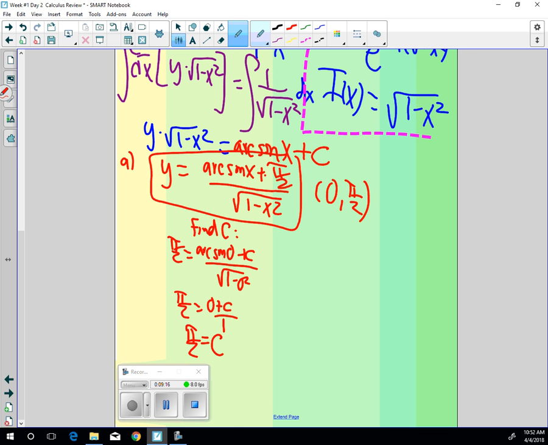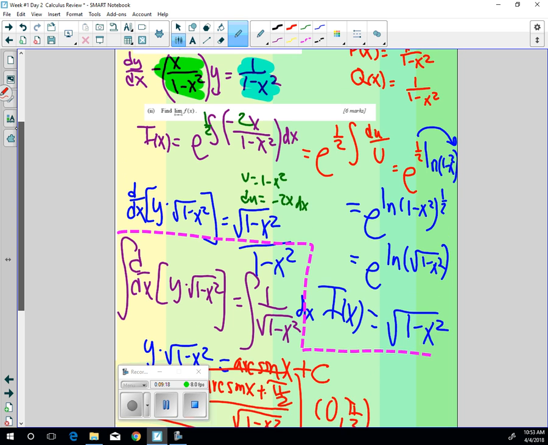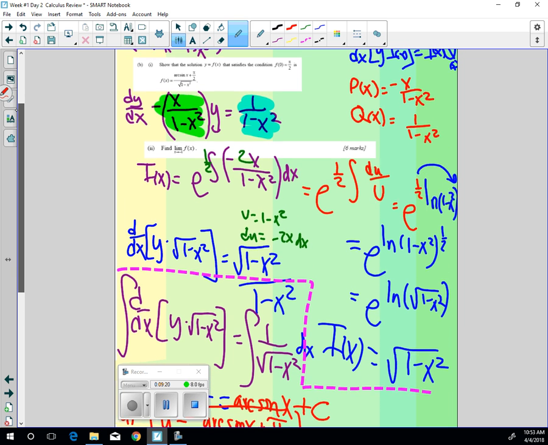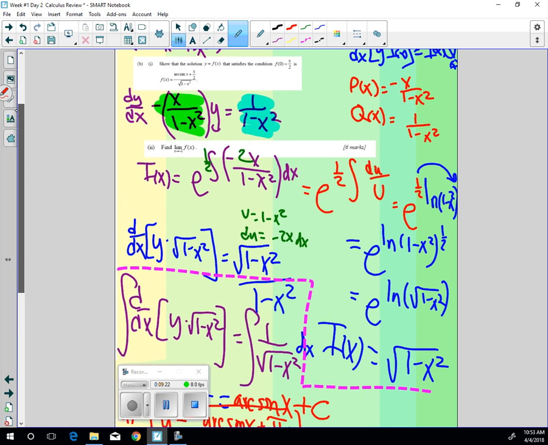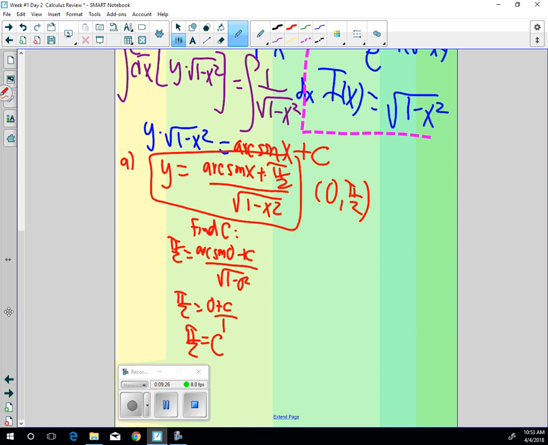Just to play with your brain a little bit, and I love this question, then it says take the limit as x approaches -1 of f of x. So take the limit as x approaches -1 of arc sine of x plus pi over 2, all over the square root of 1 minus x squared.